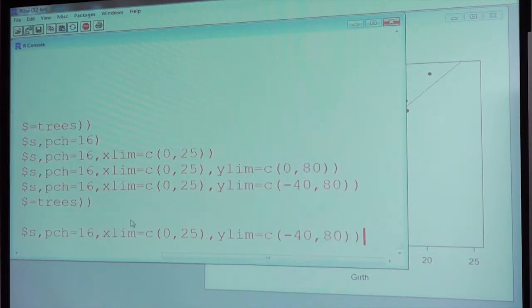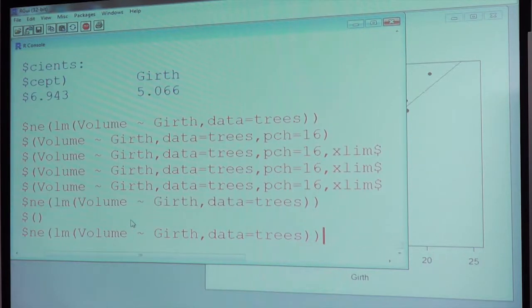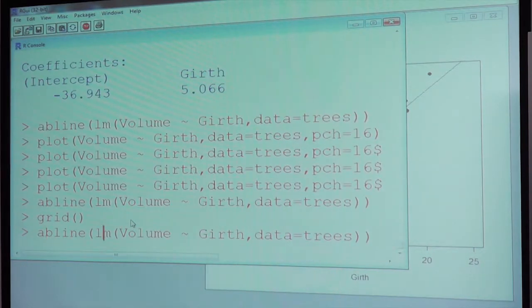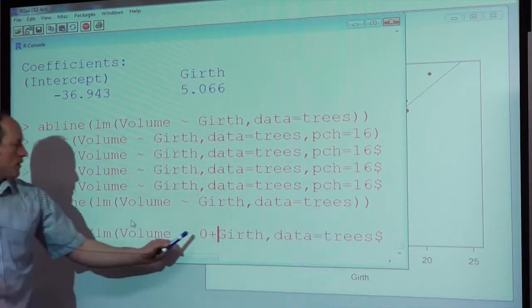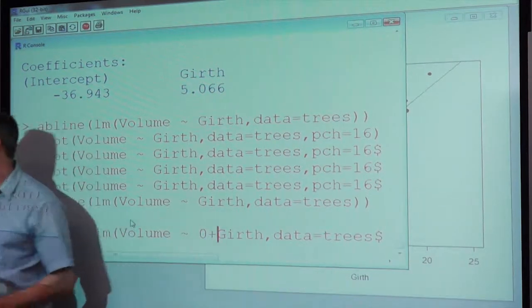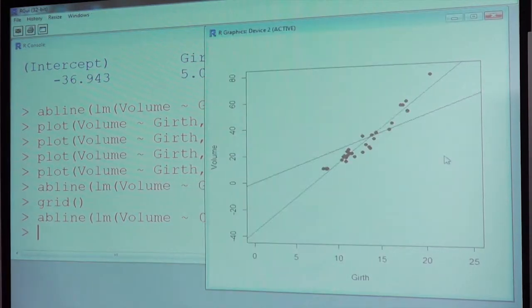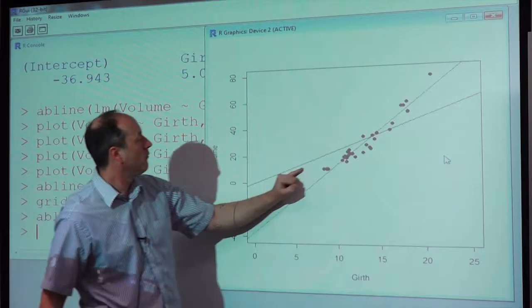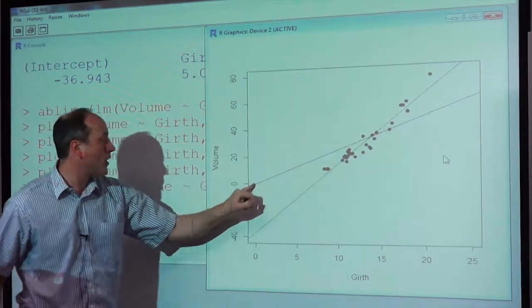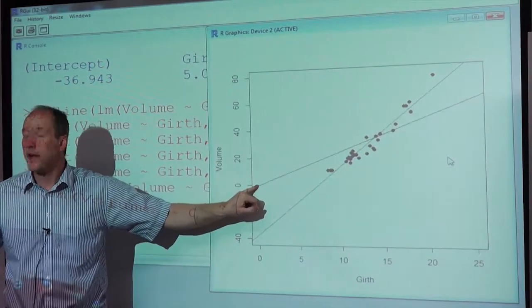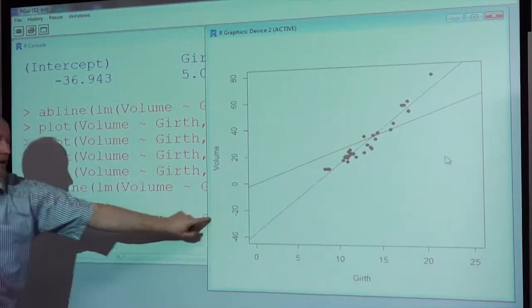Let's go back to my plot. Actually, if I add 0 plus girth, what that does is this. It's plotted a new line on the graph here, which is constrained to go through the origin. Oh, it's behind here, just a minute.